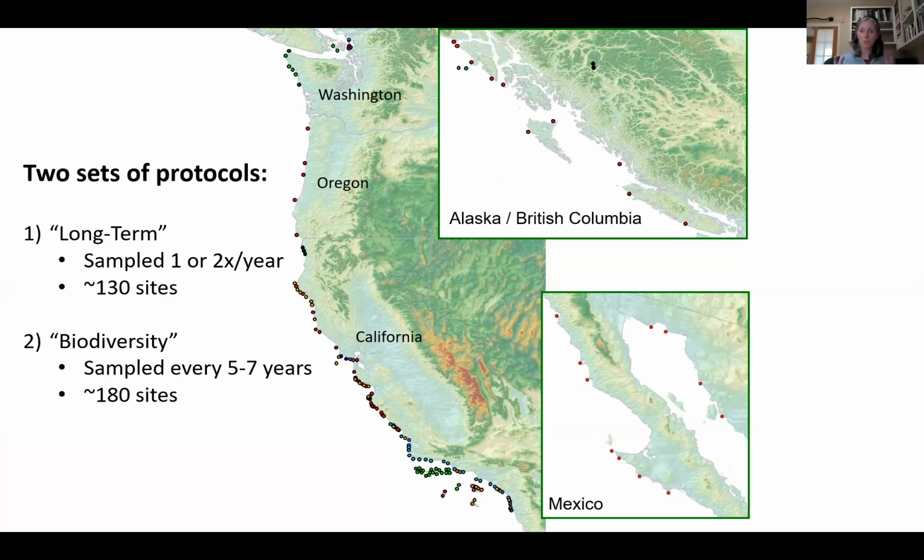One is what we call our long-term surveys, and those we go back to sites either once or twice a year and monitor the same plots over time. And then the other protocol that we do is called our biodiversity surveys. Those are for capturing more of the species throughout the site, and they're done on a much less frequent basis. So that's a very quick and dirty overview.